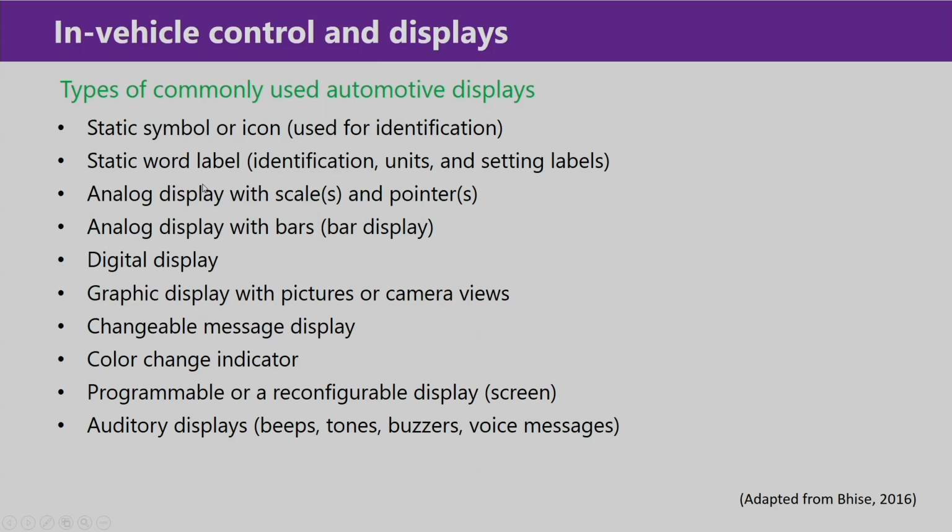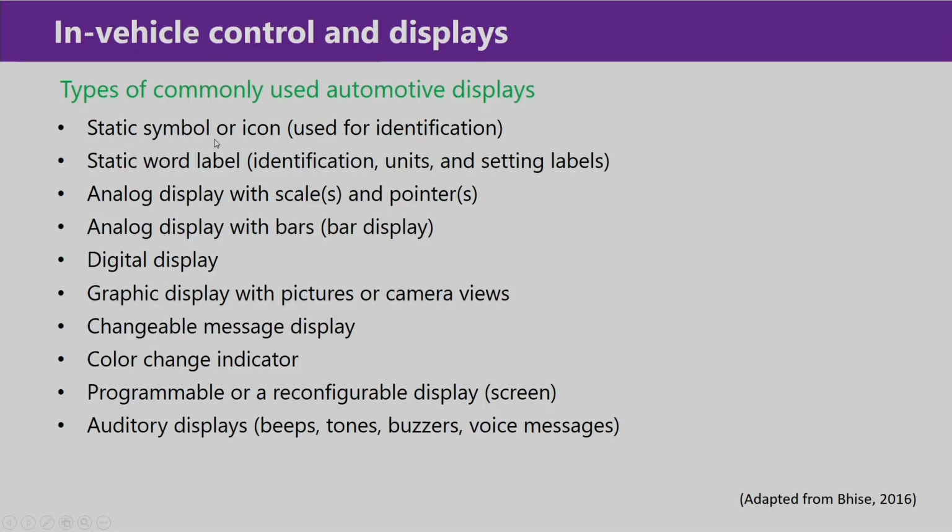Apart from these various types of controls available in the automobile, there are also numerous types of displays available. So, here is a list. Static symbol or icon used for identification, static word label, analog display with scales and pointers.